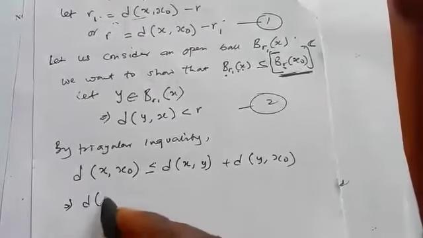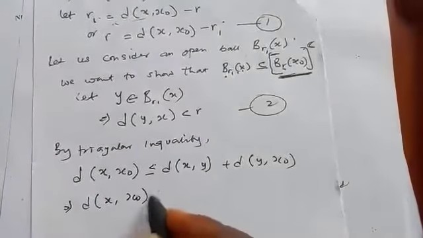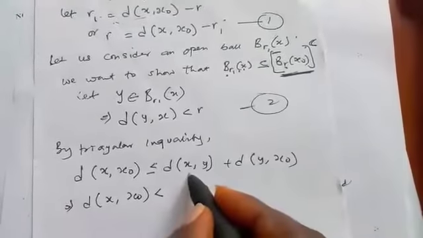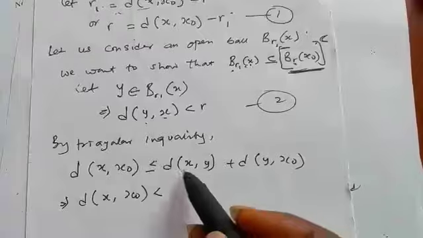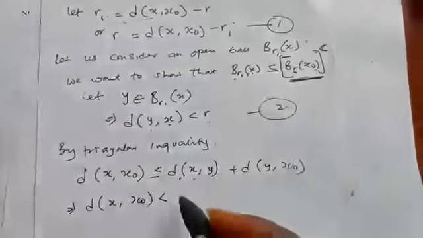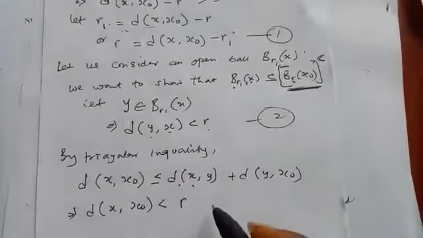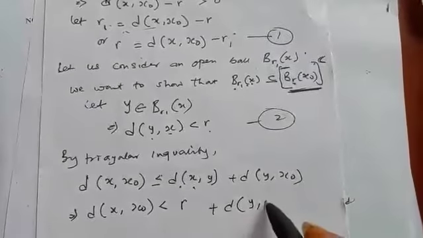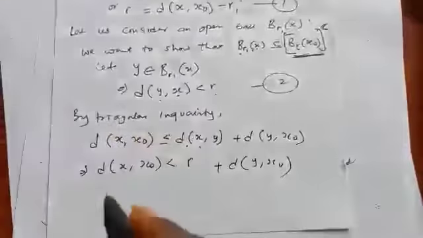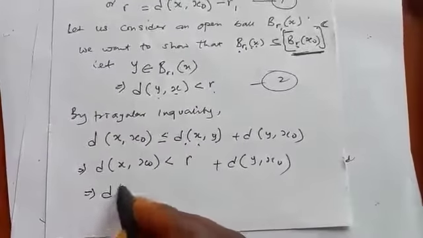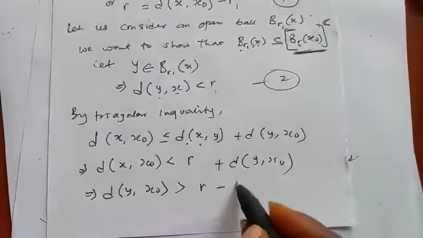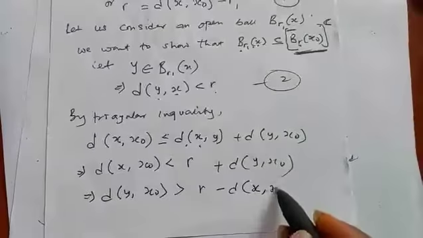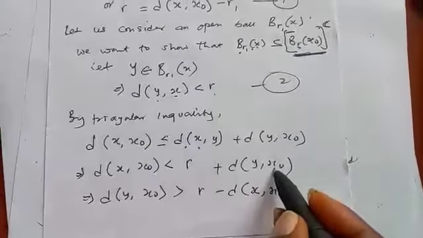So this implies that d of s comma s naught is strictly less than d of y and s, d of s and y, they are the same thing since d is a metric. So this is strictly less than r1 plus d of y comma s naught. From this place, you would all agree with me that d of y comma s naught is greater than d of s comma s naught minus r1.